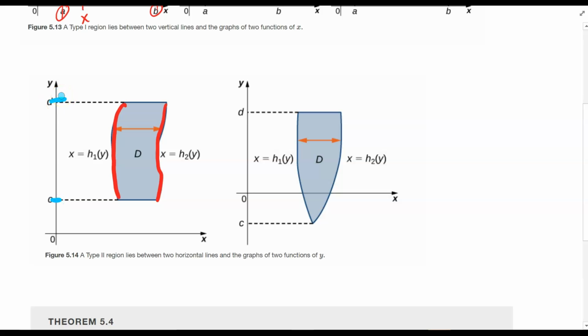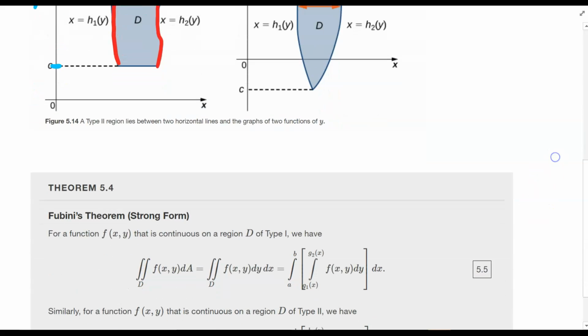For each one of those individual y values, we're going to let x vary from the left side to the right side. So we think about that as a horizontal slice. Really what we're doing is parameterizing the region, describing the region, and covering each point inside the region by an x and a y. And now we have Fubini's theorem.